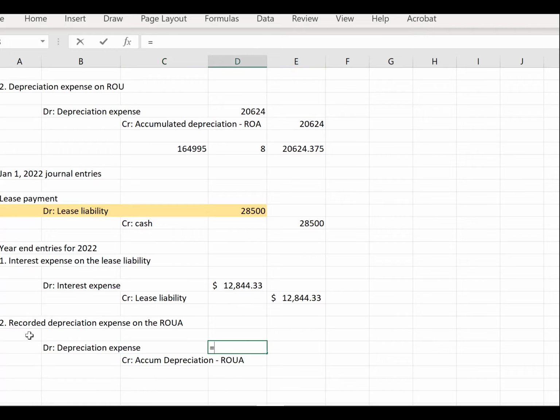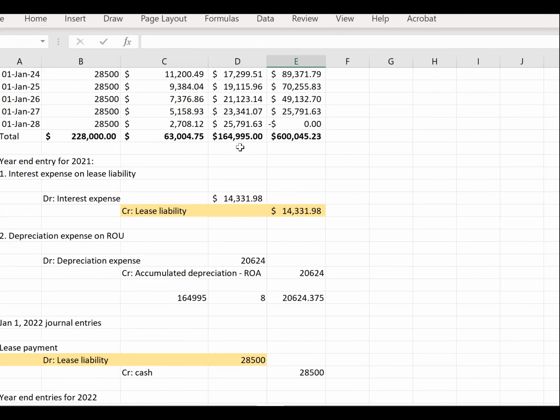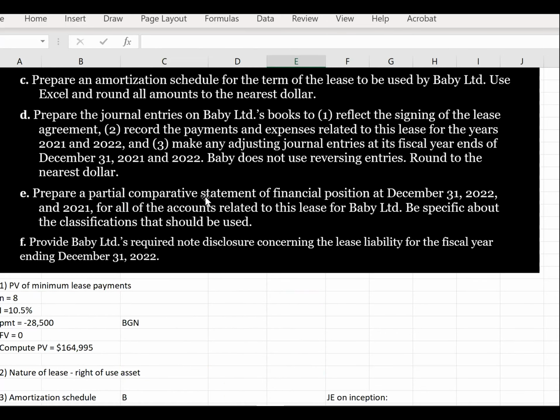And this is going to be for the same amount that we had previously because this is a straight line calculation. So it's still going to be exactly 2624. It doesn't change each period. And that takes us to the end of that part of the question. So now we've finished the journal entries to reflect the signing of the lease, the payments and expenses for 2022, and making any adjusting entries.